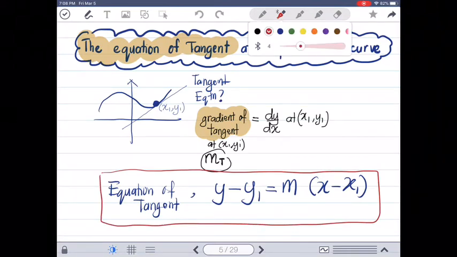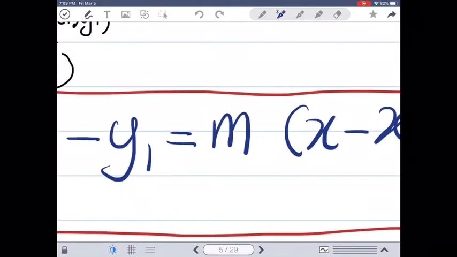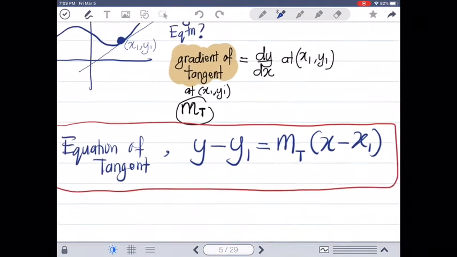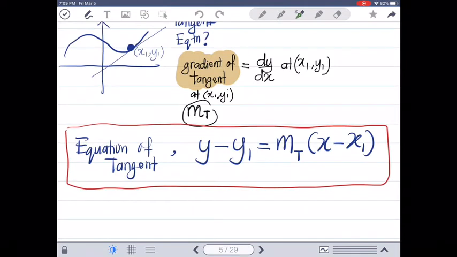But remember, the gradient here is the gradient of the tangent, and that is just dy over dx. Remember, the gradient of the tangent is just dy over dx at x1, y1.